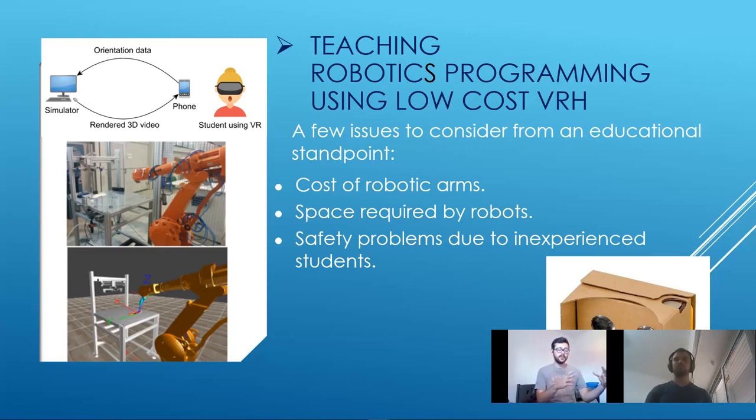This rendered 3D image is sent to the virtual reality headset, and so you can view the virtual world in real time. As you can see in the image, the virtual world is very similar to the real world, because the robot is exactly equal to the robot in the industry, and the work zone is equal to the work zone in industry.